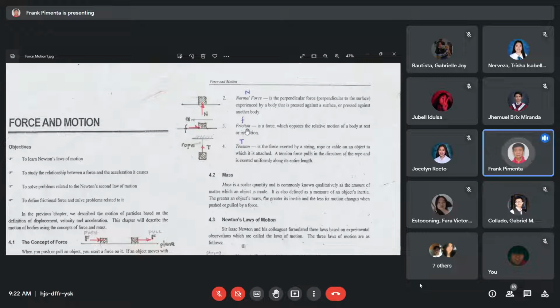Next is the friction, denoted by small letter f. What does friction mean? Okay. It is a force which opposes the relative motion of a body at rest or in motion.